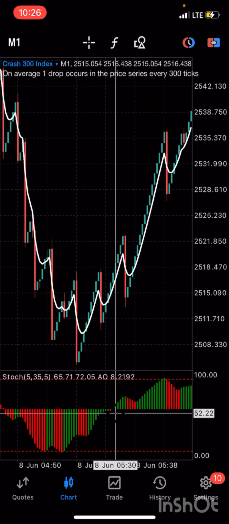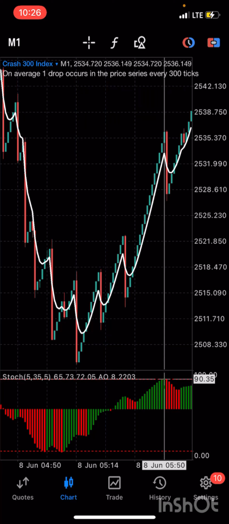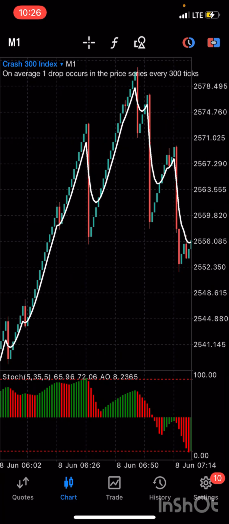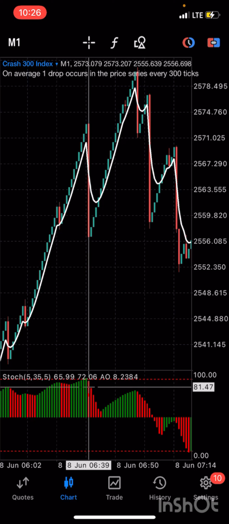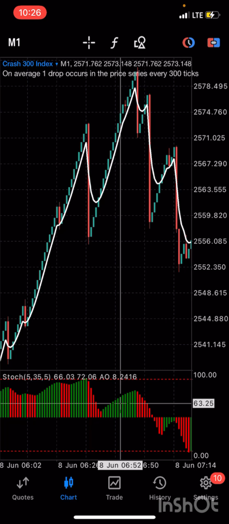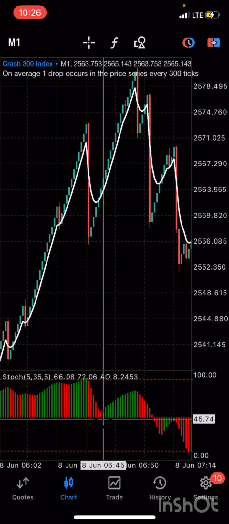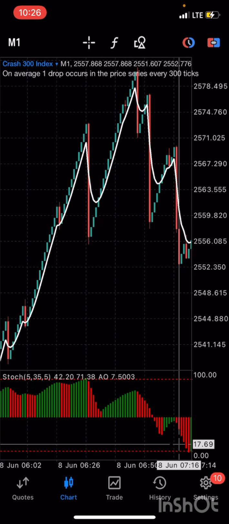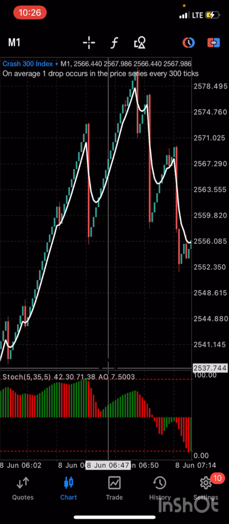Here, you scalp up to this level, take profits, and you can now start going in for a sell. Although it's not immediately going down as planned, that is because it's an uptrend.